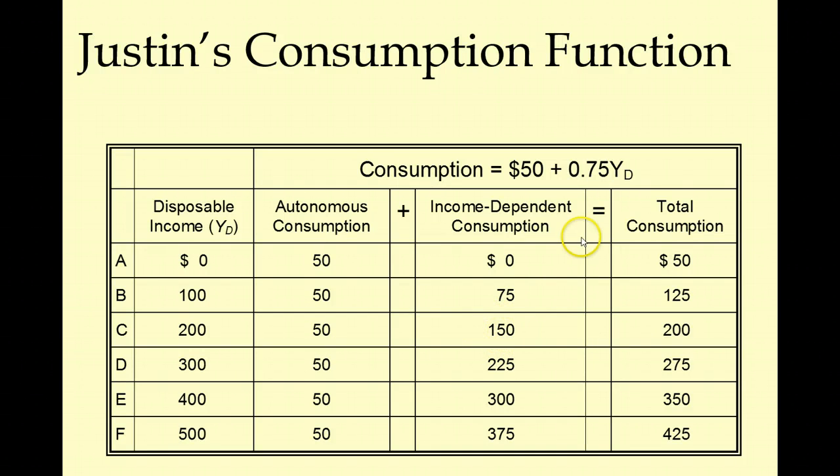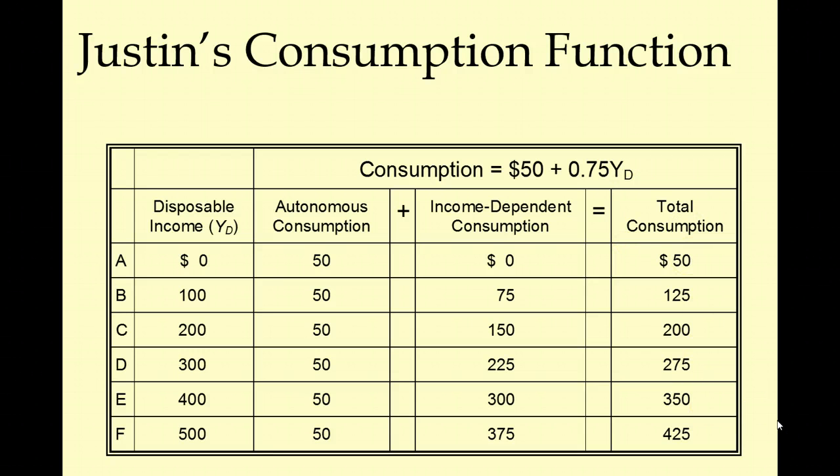Now, how did we come up with this? We plugged in 200 here, 200 right here, multiplied it by 0.75, and we got 150. So we did this at various different income levels.